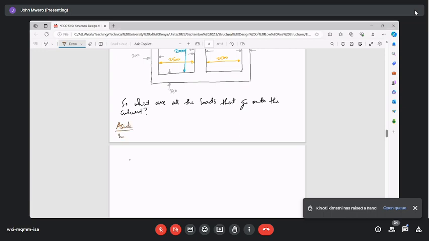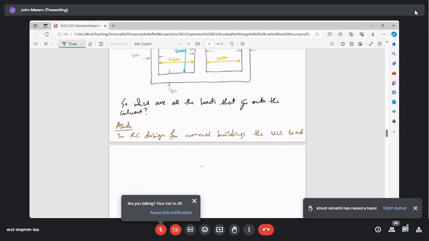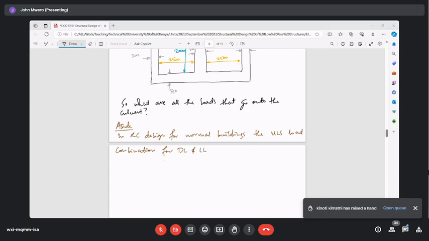In reinforced concrete design, for normal buildings, the ultimate limit state load combination for dead load and live load is design load equal to 1.4 dead load plus 1.6 live load, to the BS.